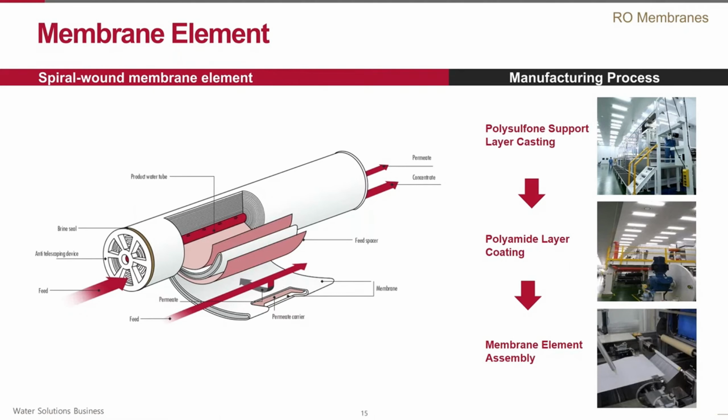The membrane leaves are separated by a feed spacer which forms the feed channels and provides the mixing of the feed stream along the length of the membrane element.